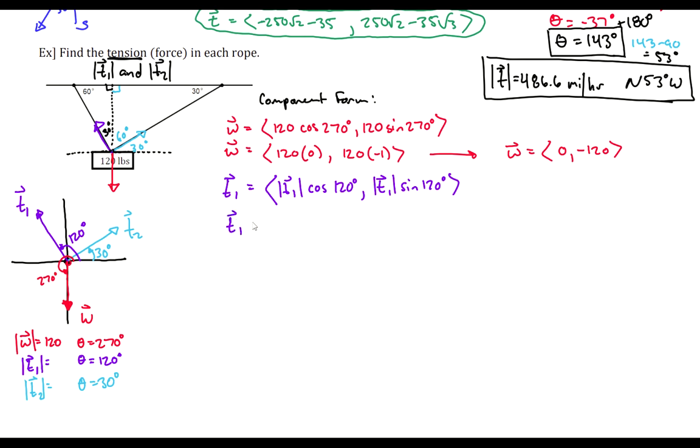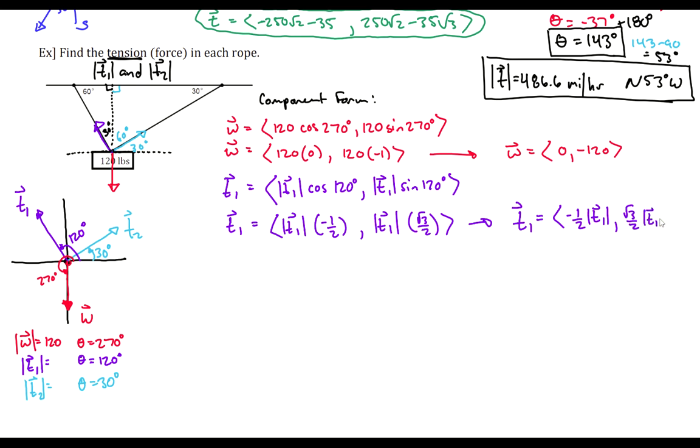Cosine of 120 we could write as -1/2, comma, magnitude still of T1, and sine of 120 is positive radical 3/2. I'm just going to rearrange some things here and say our tension number 1 as a vector is -1/2 of the magnitude T1, comma, radical 3/2 magnitude T1. All right, so there's our T1 written the best we could.